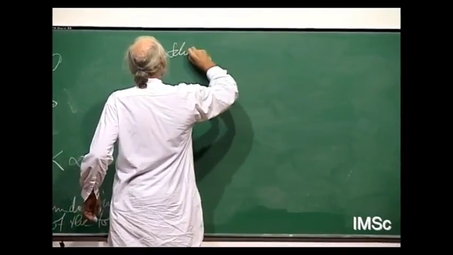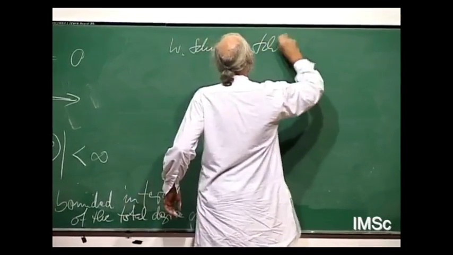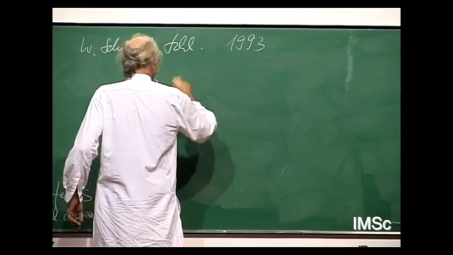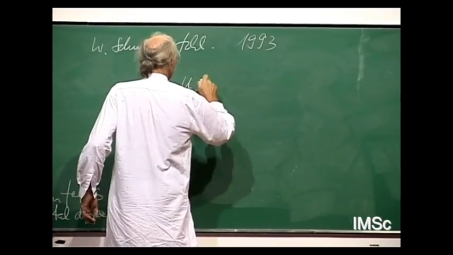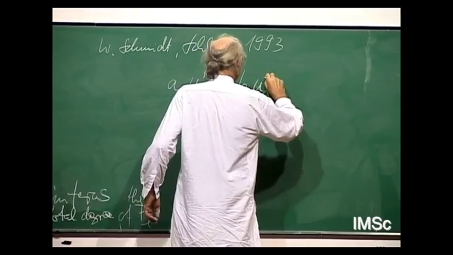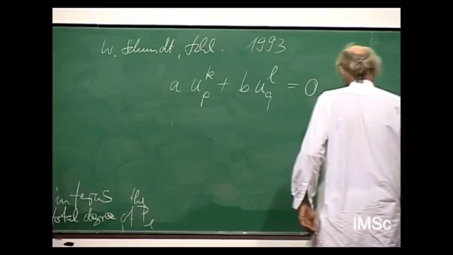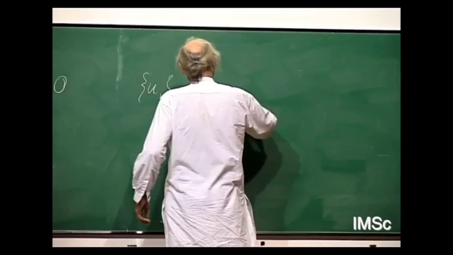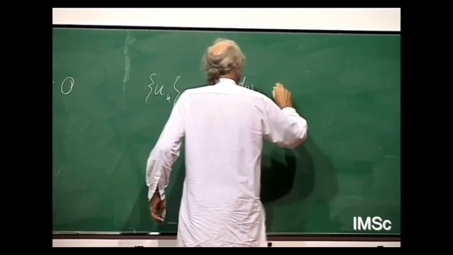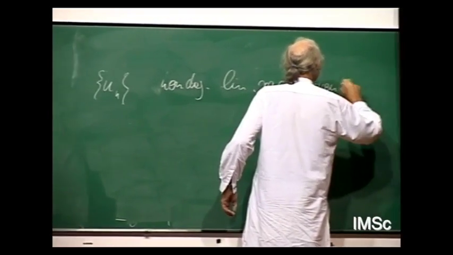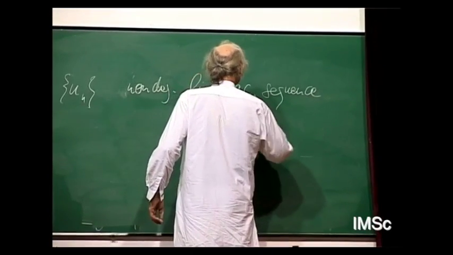Okay, so Wolfgang Schmidt and myself in 1993 had considered the following equation: A u_p^k plus b u_q^l equals 0, where here u_n is a non-degenerate linear recurrent sequence, say over the complex numbers, it doesn't matter.